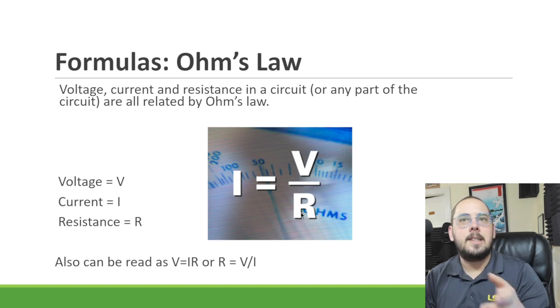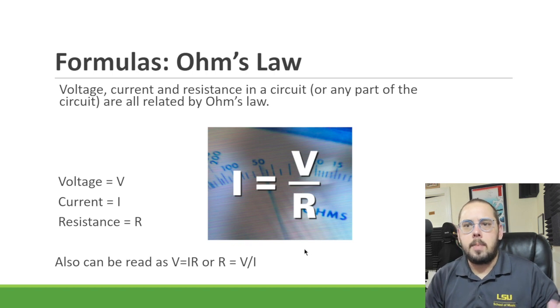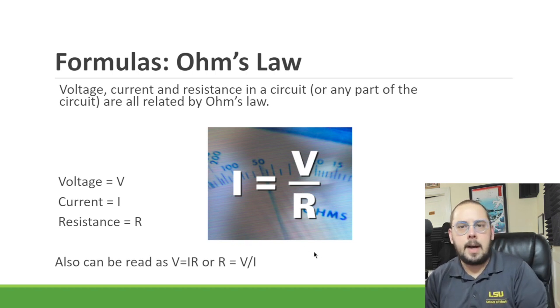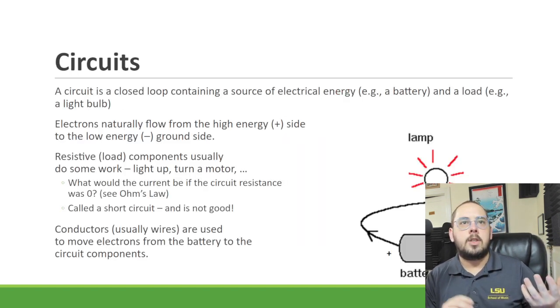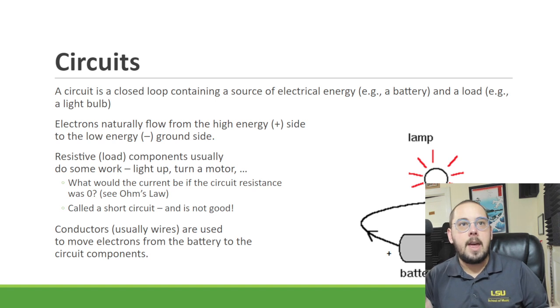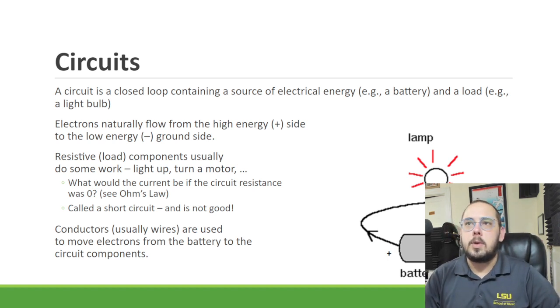If the resistance is 0, the current is going to equal the volts divided by 0. But you can't divide something by 0. It's physically impossible. And this is just a mathematical way of pointing out that you will have what's called a short circuit. That's bad.